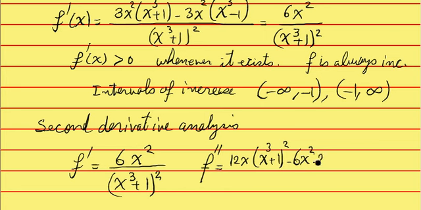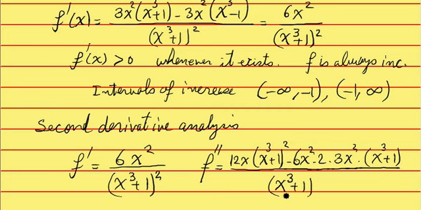2 comes up front. The derivative of the base is 3x squared, and the exponent comes down from 2 to 1. So make sure you double check this thing. Now the denominator has to be squared. It was squared before, and squaring one more round makes it a 4 here.